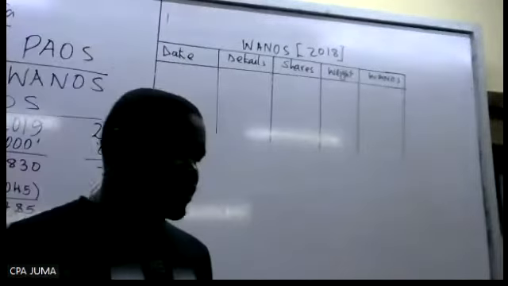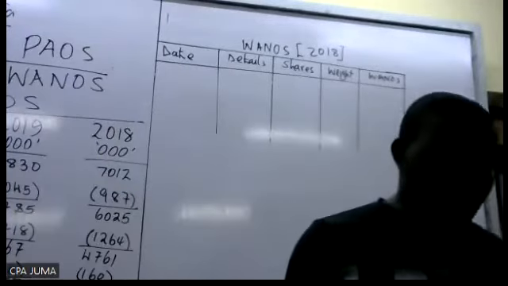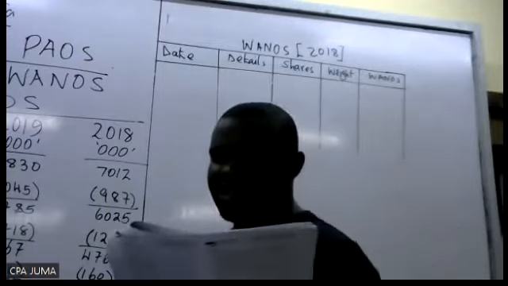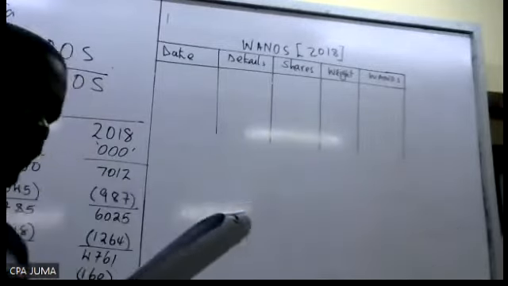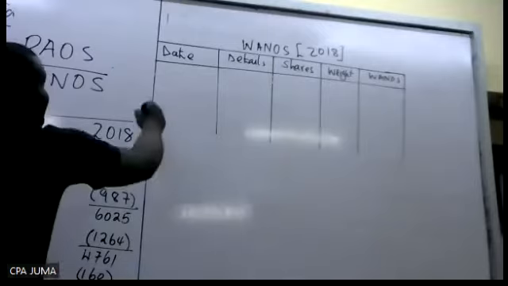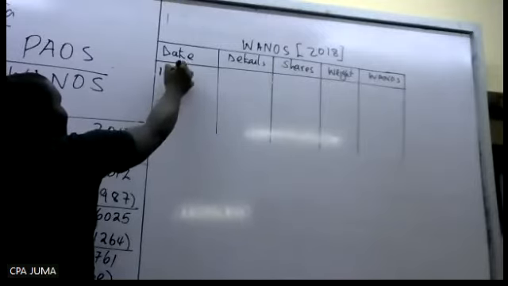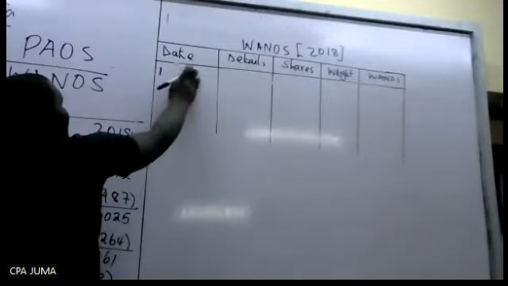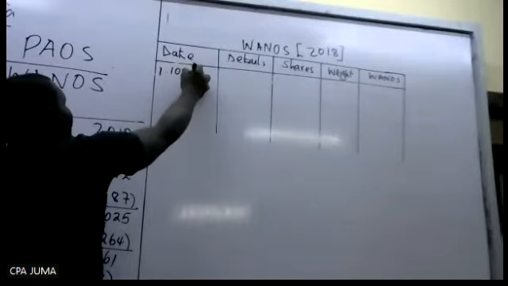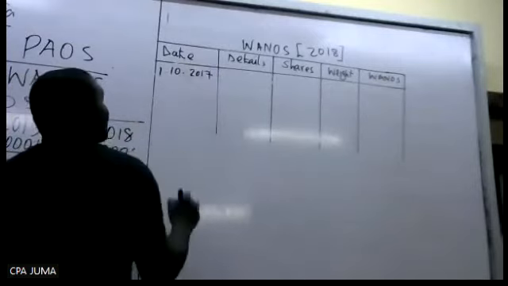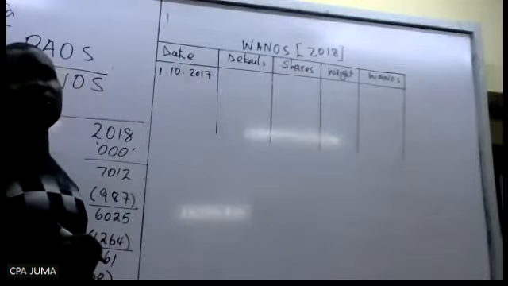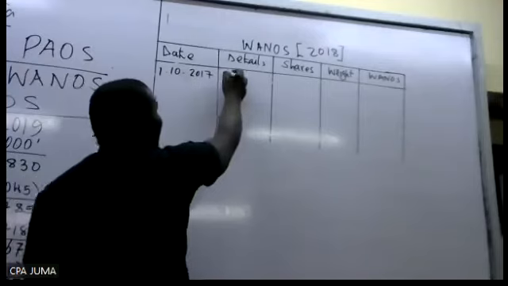The financial year ends on 30th September 2018, so it must start on 1st October 2017.